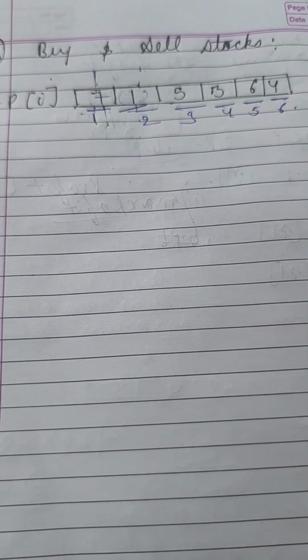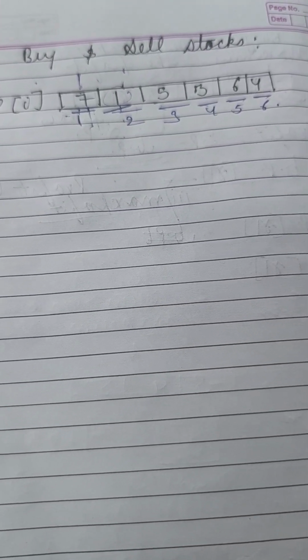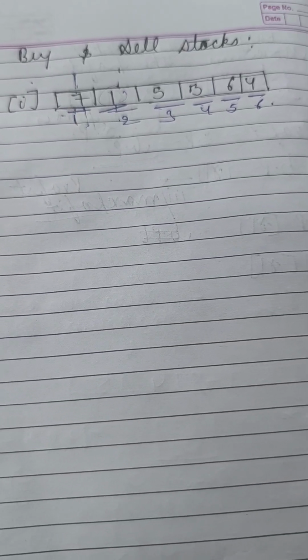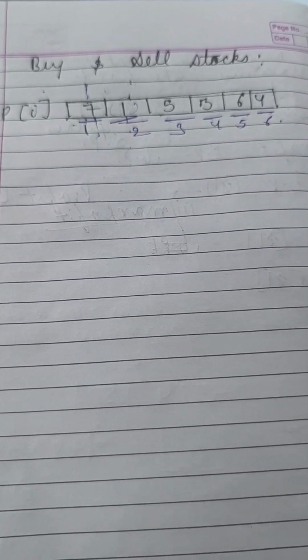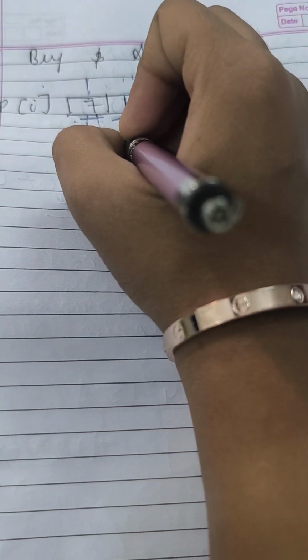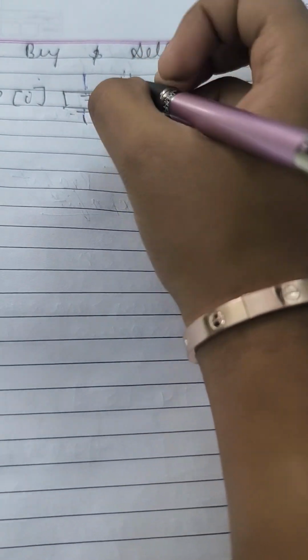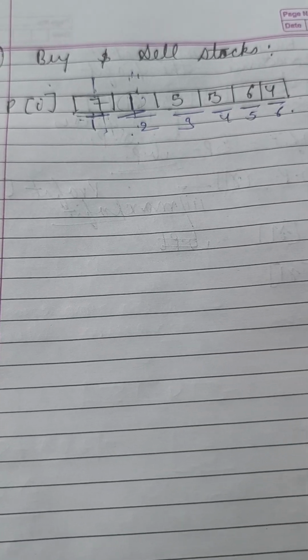If she has bought it, only then is she going to sell it later. Suppose the jewelry's price is decreasing these days, and the previous day your mother bought the jewelry when the price was less, and now the price is this. If she is selling the product right now, she would have bought it yesterday at this cost, right?